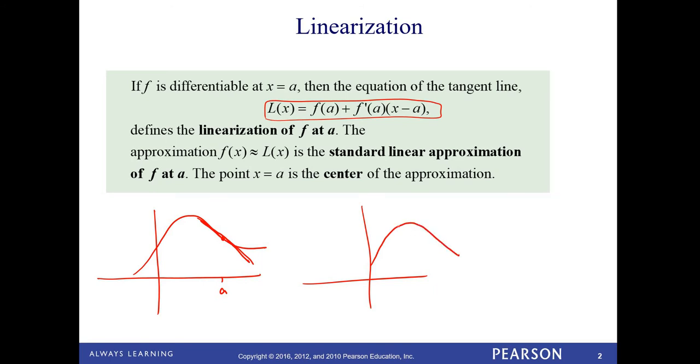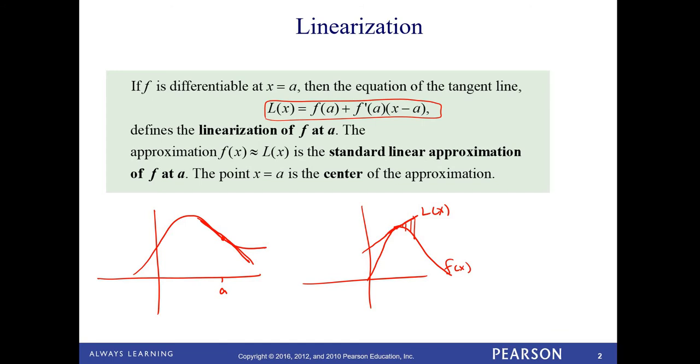So let's say I pick this point and I do a tangent line. As long as I am close to the point of tangency, the line is a pretty good approximation. The further away I get, the bigger a difference there is between the actual function value and the line value.